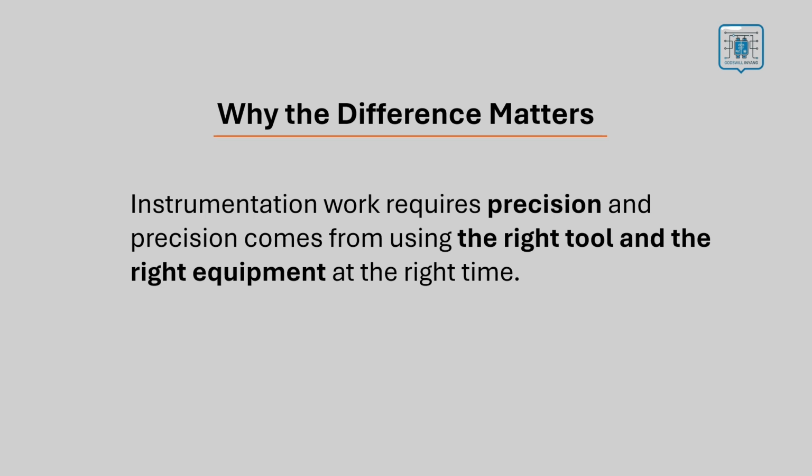Using the correct combination ensures that every component is installed correctly and that every signal measured or calibrated meets industry standards. In short, tools help you build it right and equipment helps you prove it's right. So mastering both is what defines a skilled instrumentation technician.